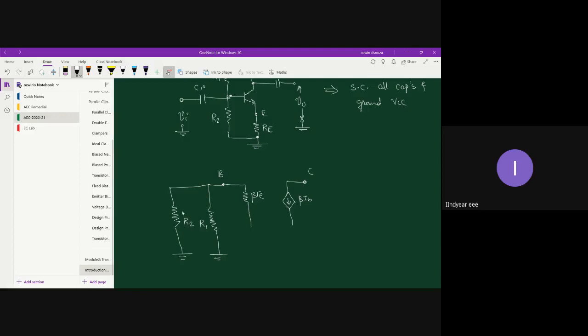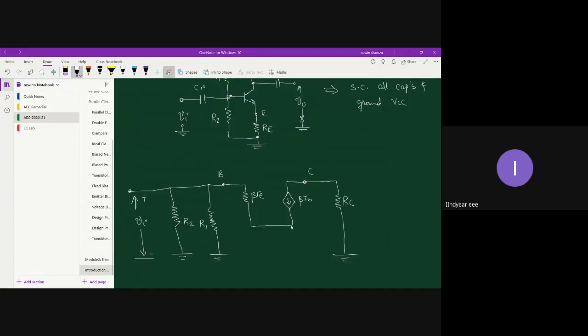And this is where I connect my input, that is, the base terminal and the ground terminal. On the output side, I will have my collector resistor RC, and the other end of RC will be at ground potential.